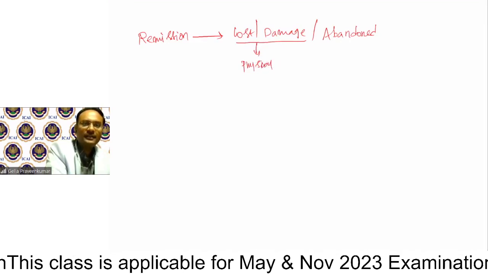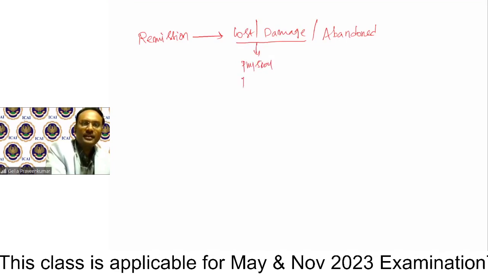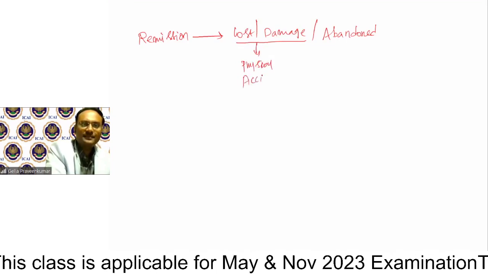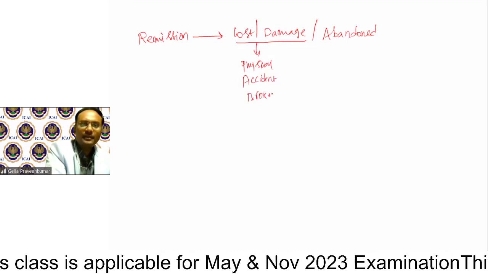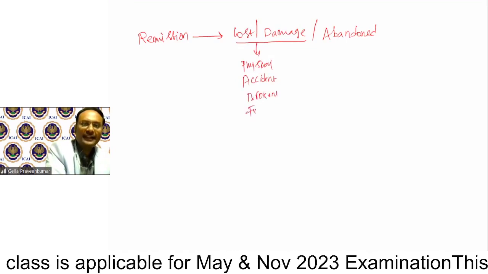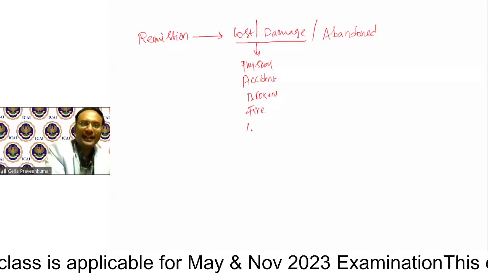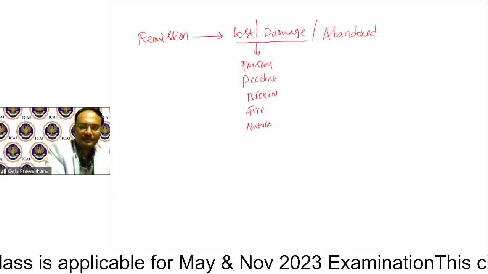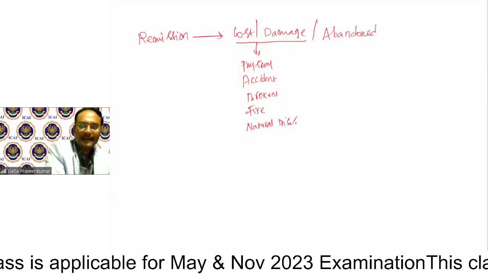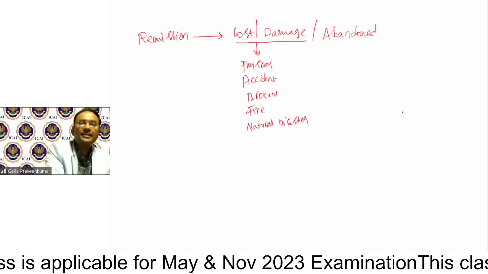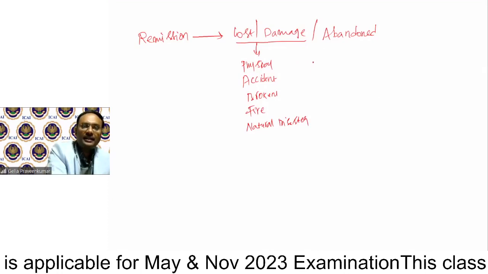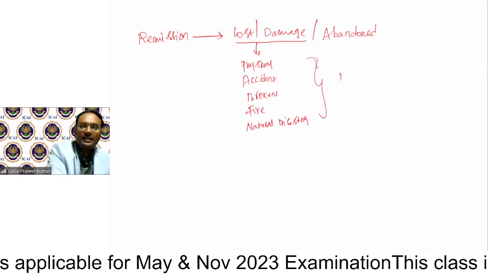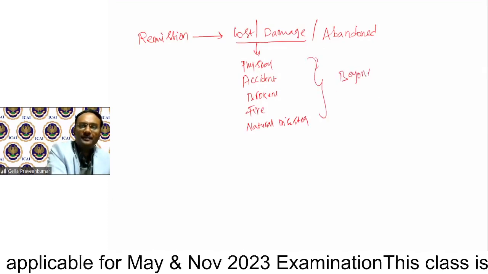This could be an accident. It could be broken. It could be a fire accident. It could be a natural disaster. Now, what is happening here? The goods have been lost or damaged. That means these are beyond recovery.